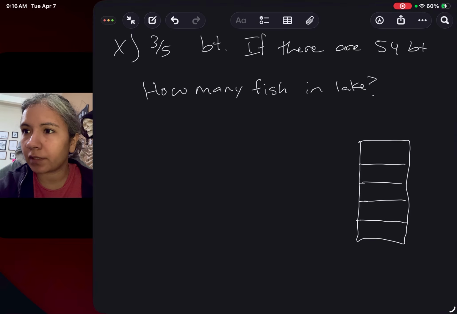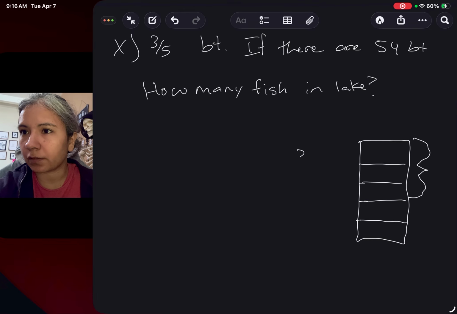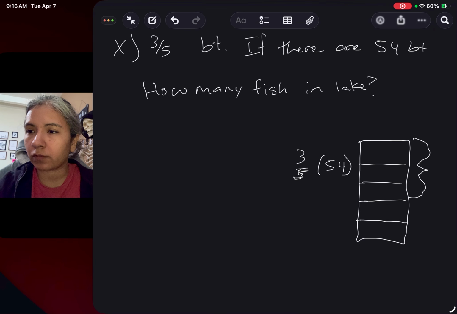And 3/5 are blue tangs. This is our 3/5, and we know that these are 54, right?